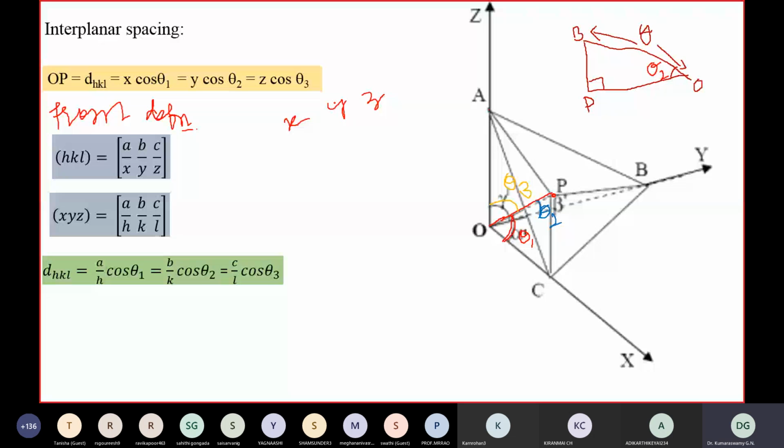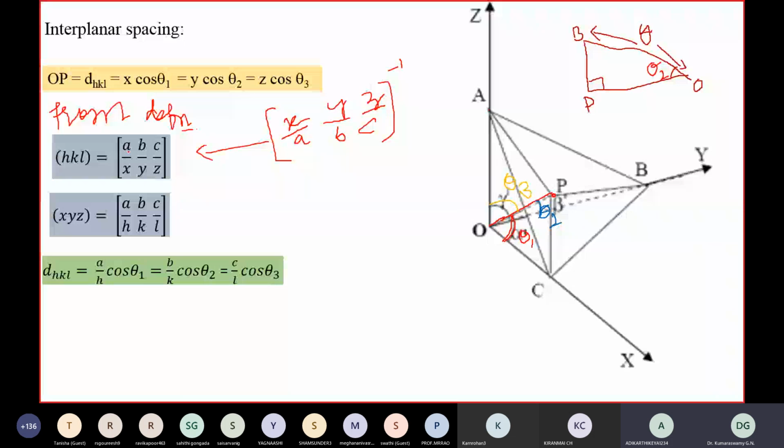Then we represent it with respect to ABC. Then we take reciprocal.